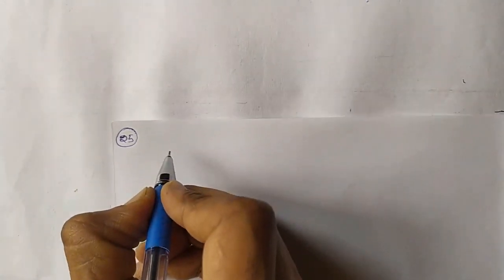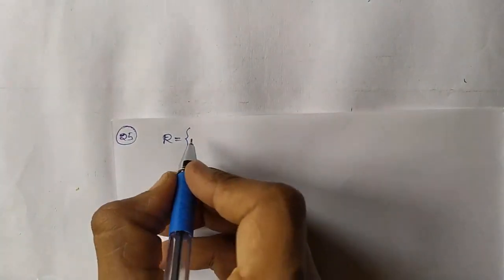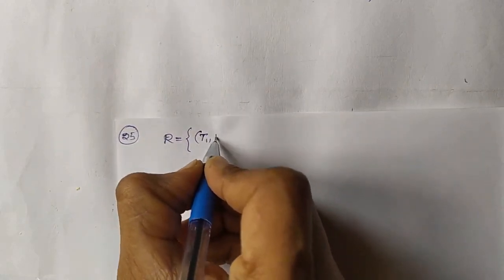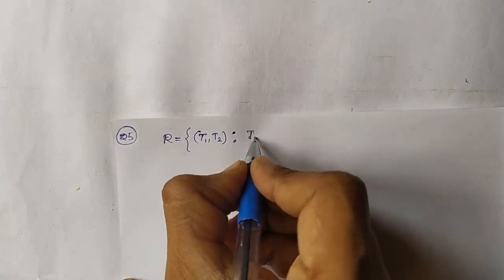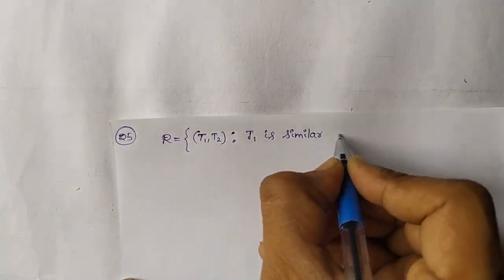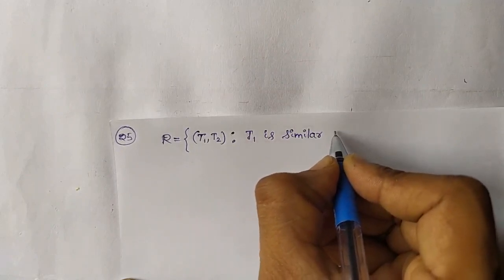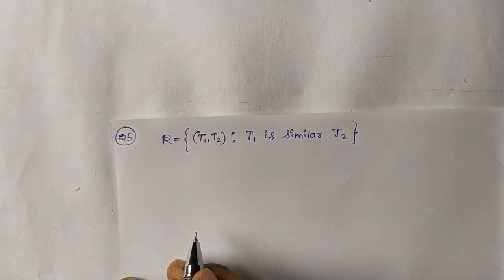See the 25th question in your question paper. Show that the relation R defined in the set A of all triangles as R equals (T1, T2) such that T1 is similar to T2 is an equivalence relation.